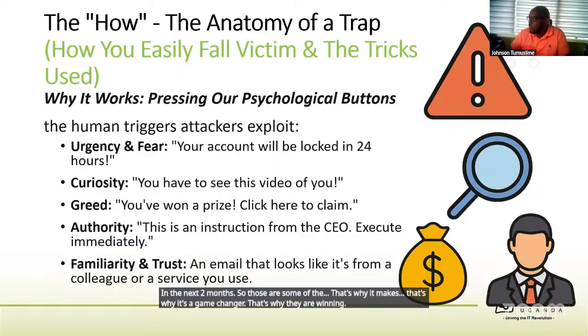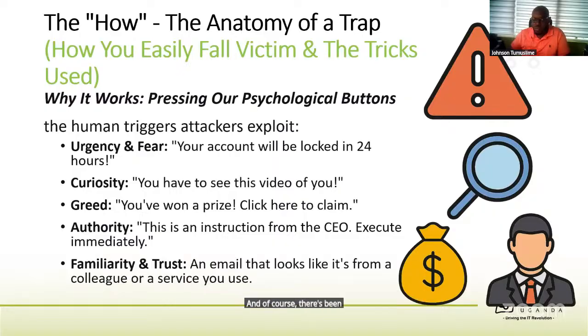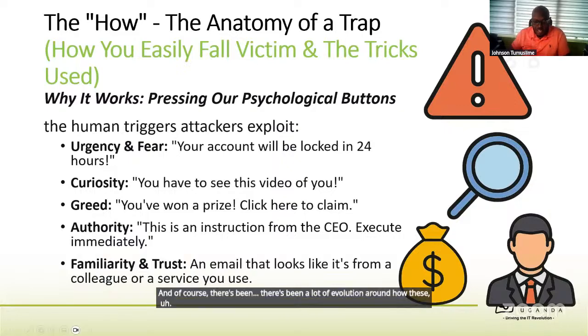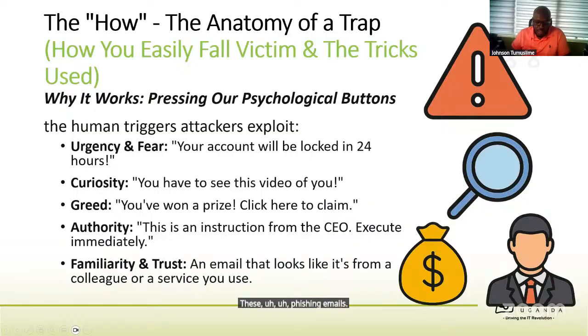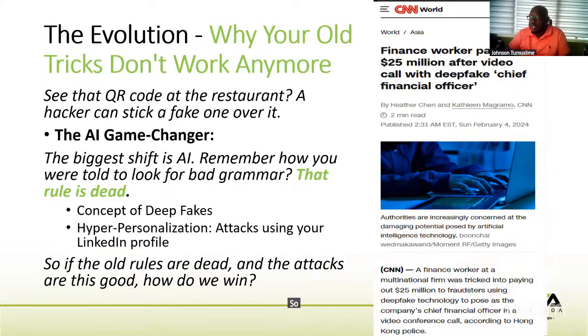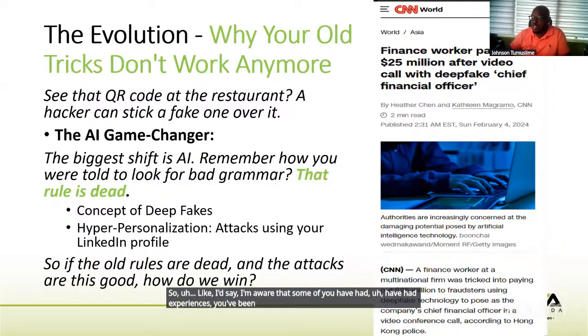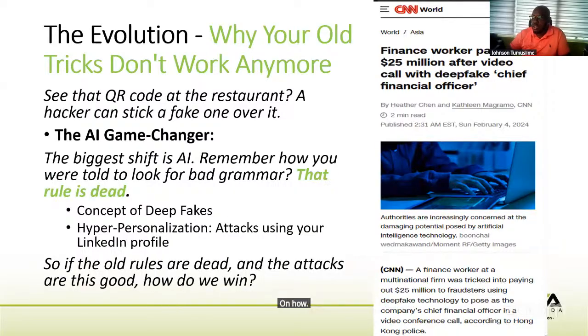And of course there's been a lot of evolution around how these phishing emails now come in. Like I said, I'm aware that some of you have had experiences. You've been taught how to protect yourselves from phishing emails, how to identify them.